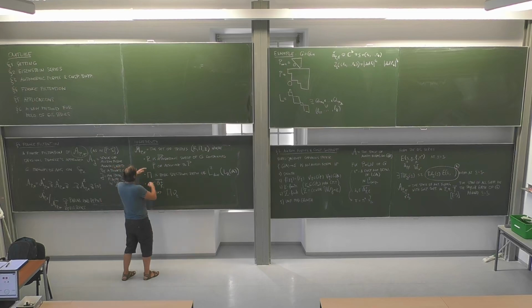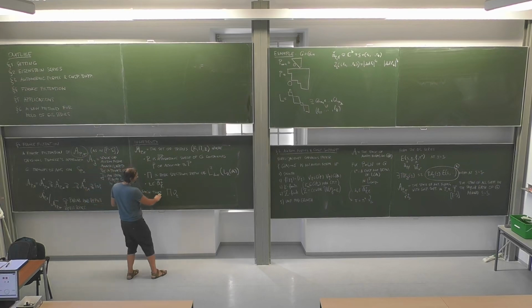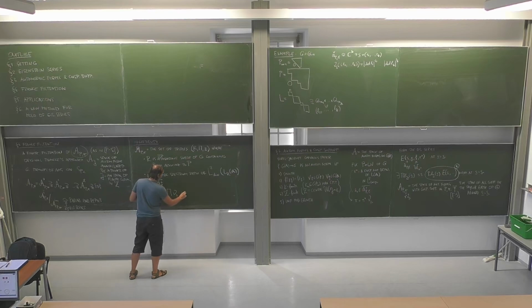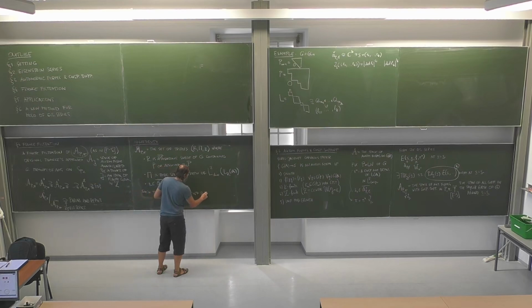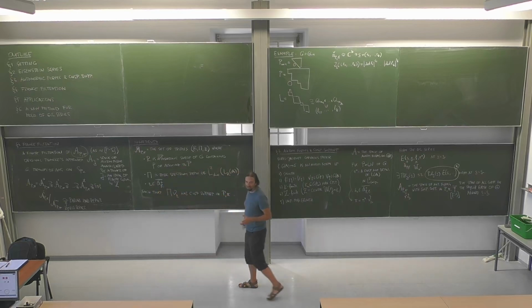And to stay in this space A_P pi, I must suppose that this pi tensor with nu Z underline has cuspidal support in P pi. Okay, not to be in a wrong space.